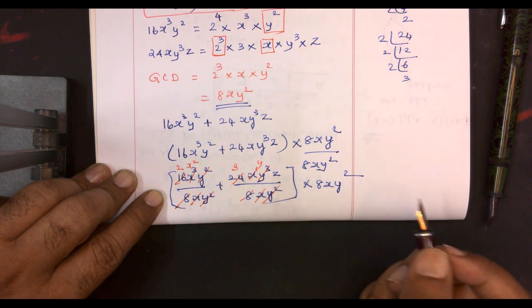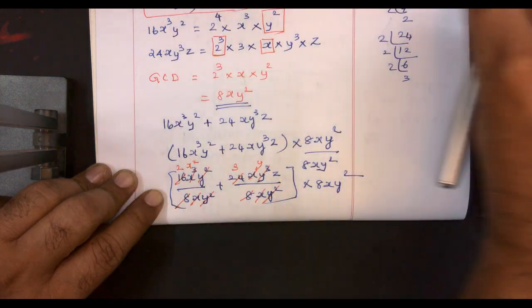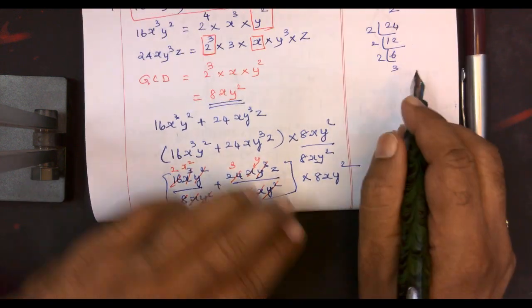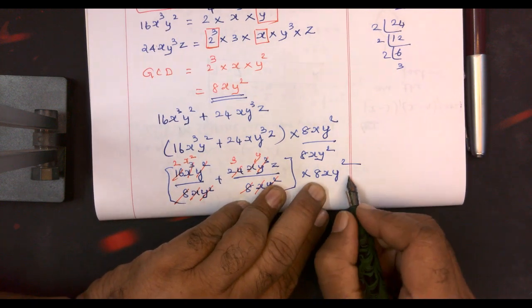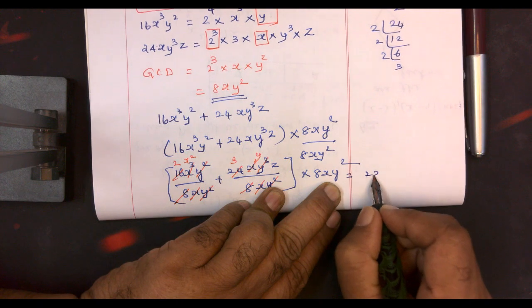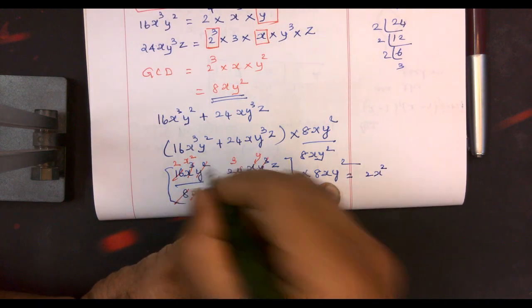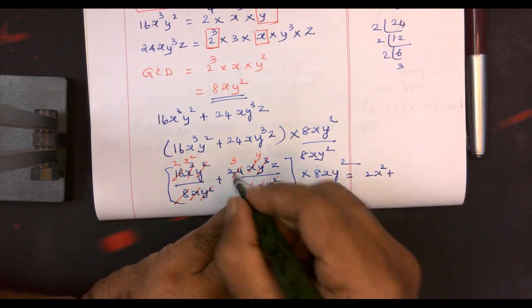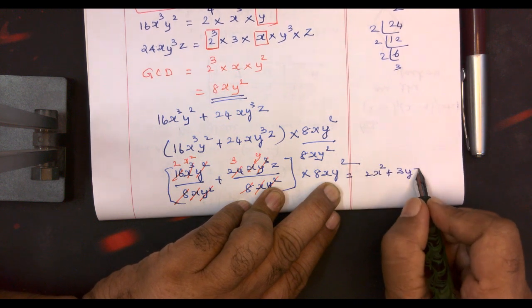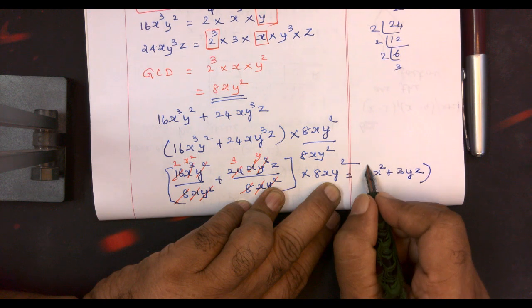Okay, right. So in that case, what could be the expanded form? The expanded form is equal to, that is 2x squared, plus what about this 3y z, close the bracket.